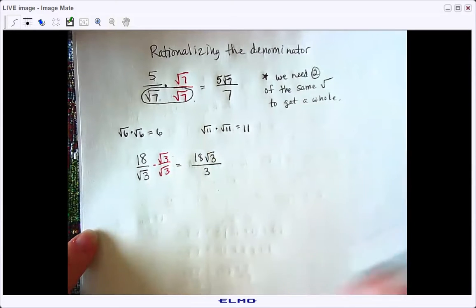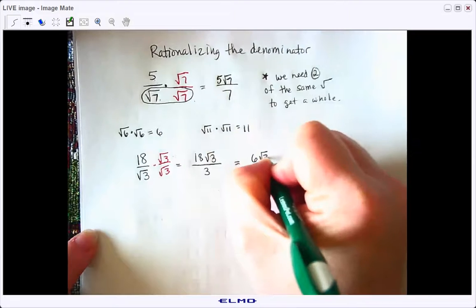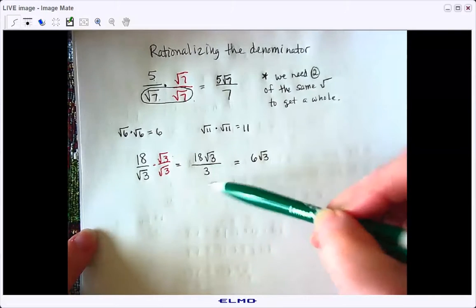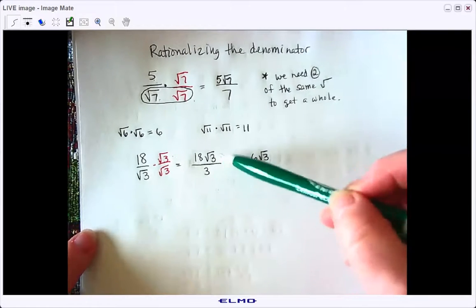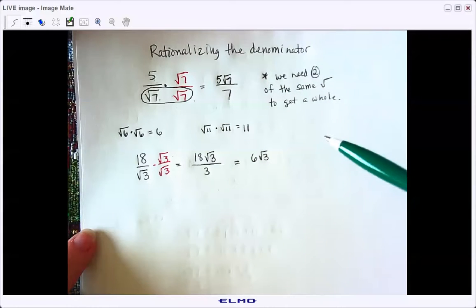Yes, it does. So we'd want to simplify and call it 6 root 3. Then we'd be done. If it didn't, and it was just an 8 like I had it originally, we would just leave it as 8 root 3 over 3, like we did the first one.